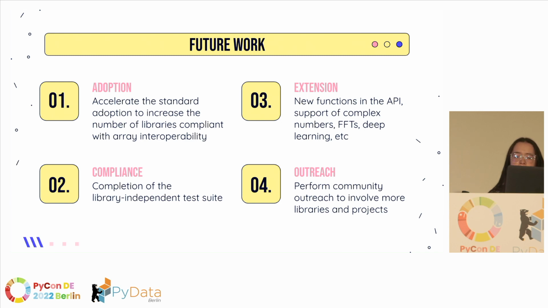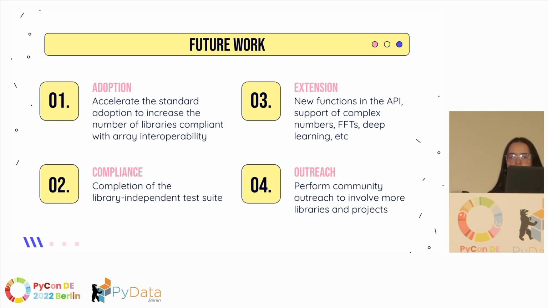The future work for the Array API involves 4 major parts, which are adoption, extension, compliance, and outreach. The first one is adoption. We now have a preliminary version of the array specification, and now we want to accelerate that adoption.